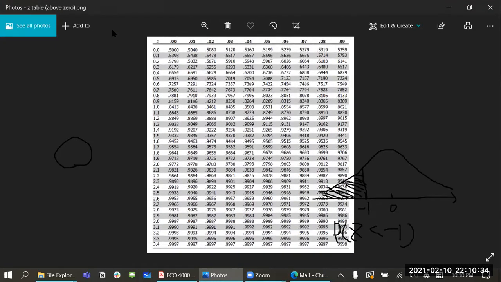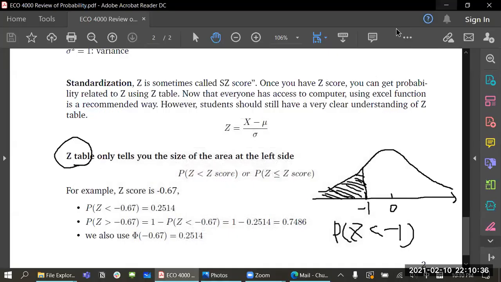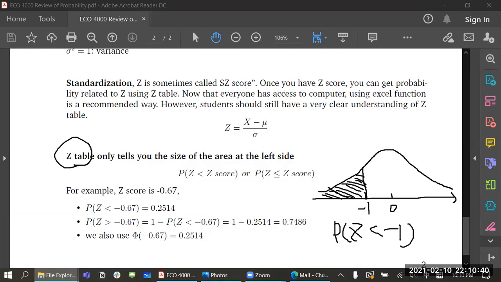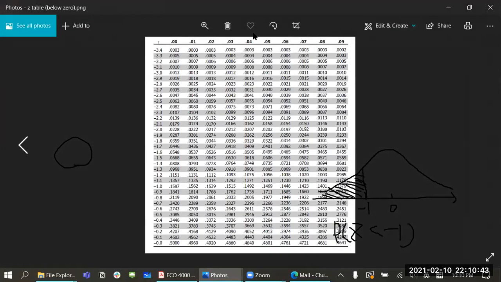This is the ZTable above 0, so this is not what we need. We need -1, so let me open below 0. Here it is, this is -1.0. We need 1.00, so this is what we need. 0.1587 is the size of this black area.